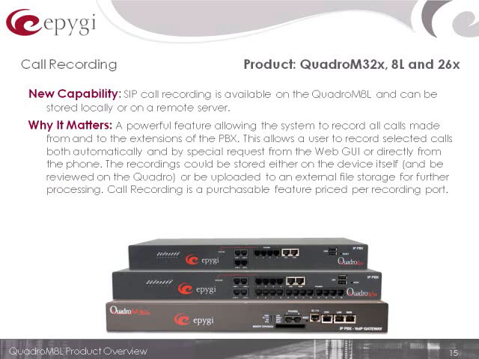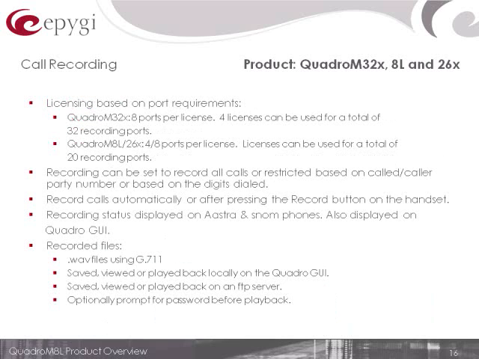It can be all phone calls, it can be calls on specific extensions, or the recording could be initiated directly from the phone. On the smartphone, there's a record button, and that button could be used to start and stop recording as the calls go on. Most customers are running recording all the time on specific extensions.